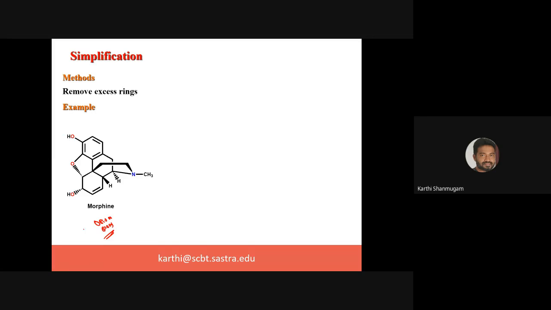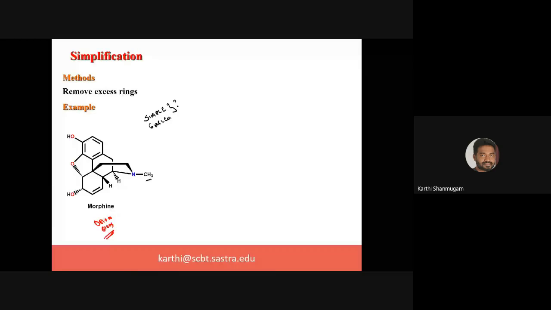So if you look at the structure of morphine, what I'm showing on this slide is the structure of morphine. Can you tell whether this structure is simple or complex? Complex, sir. So how do you say it's a complex structure? Many functional groups are there, right? So here we have a CH3 group, here N is there, here there's an OH, there's an O here, another OH here.